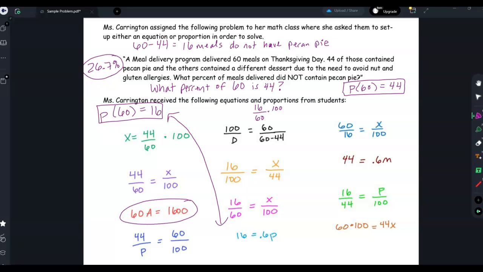So if you get the same answer, that doesn't necessarily mean that it's right. But if you don't get the same answer, you know that method's not going to work, or if you don't get an answer that would lead you to the correct answer. But this one, again, they've got 16 and then divide that by 0.6. Well, 0.6 is really the same thing as 60 divided by 100. So really, they've done the same thing again, right? 60 divided by 100 is really 6/10 or 0.6.